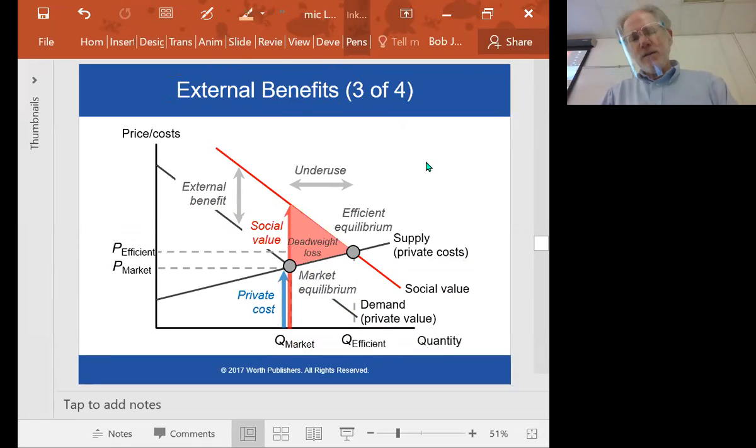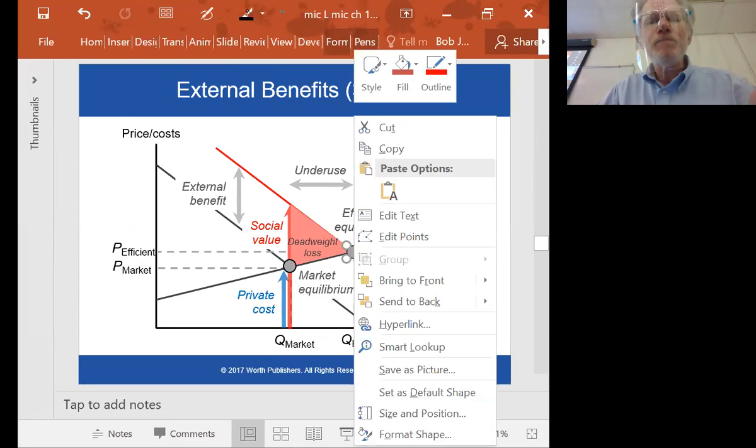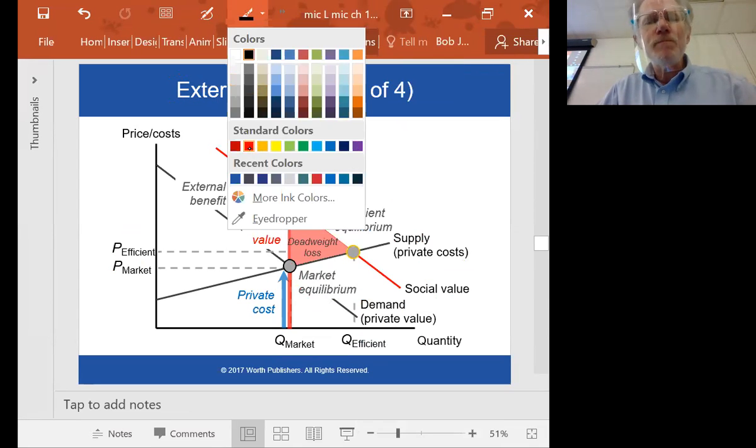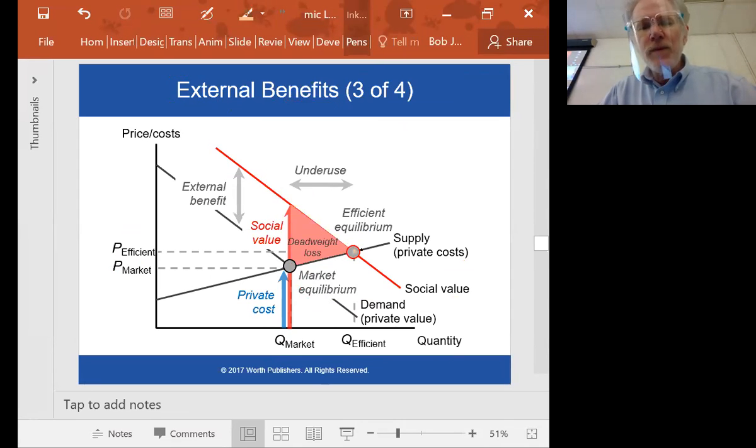Here we see we've already been through this, but we see the dead weight loss. When government does nothing, we get underproduction. We would like to be out here, but government does nothing. We're going to be back here because consumers aren't willing to pay for the benefit other people are going to get.